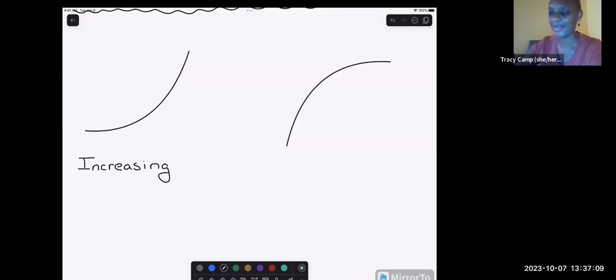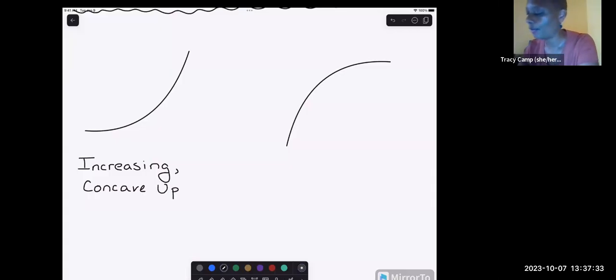And then it gets steeper and steeper. So this is increasing, and its rate is also increasing. And when this happens, we have a curve that looks kind of like a smile, and we refer to it as being concave up.